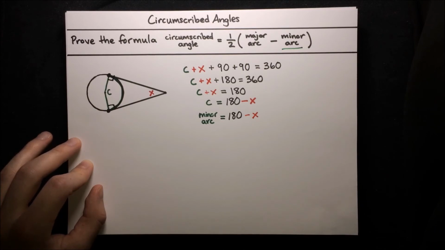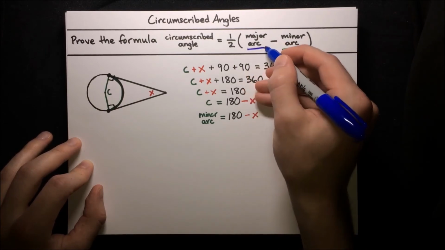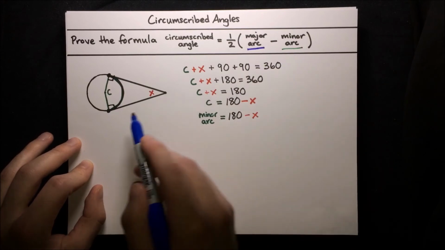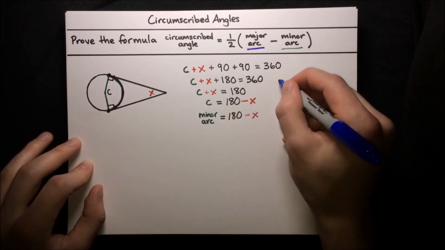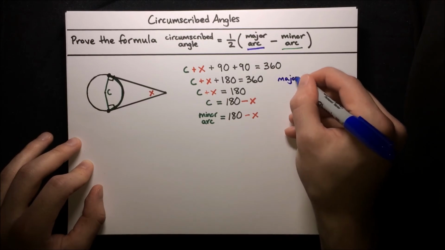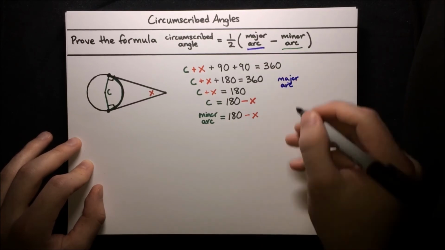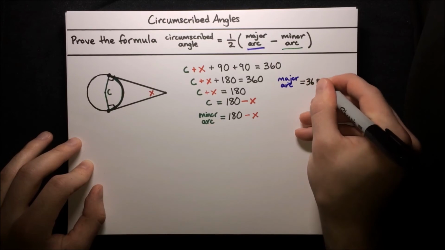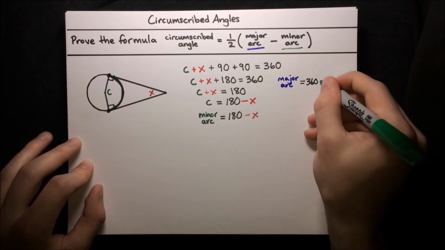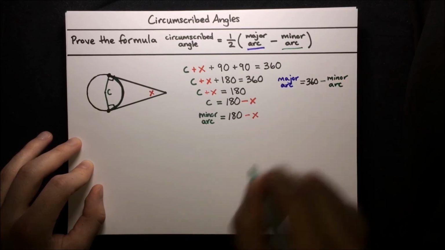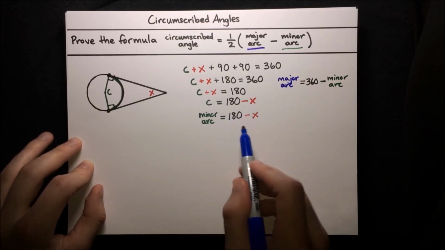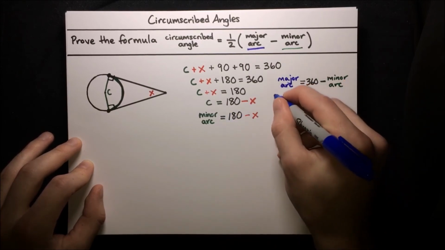Alright, so how can we find the major arc now? Well, remember that the major arc and the minor arc together form the circle, which is comprised of 360 degrees. So the major arc is just equal to 360 degrees minus the minor arc. And we can substitute in this expression for the minor arc. So let's go ahead and do that.